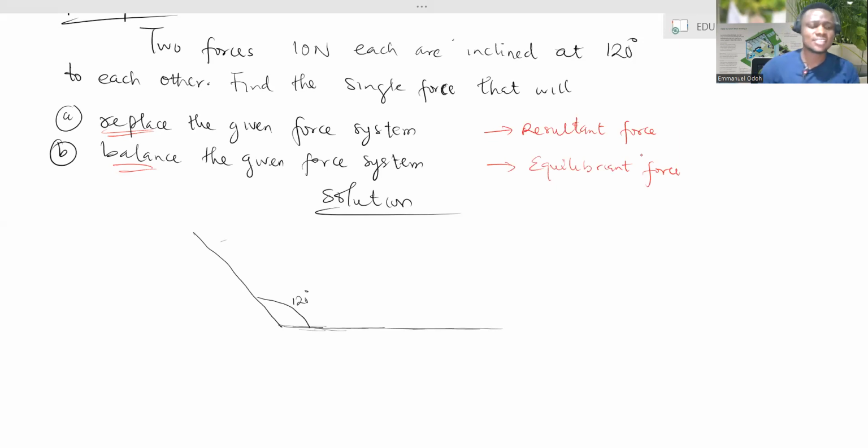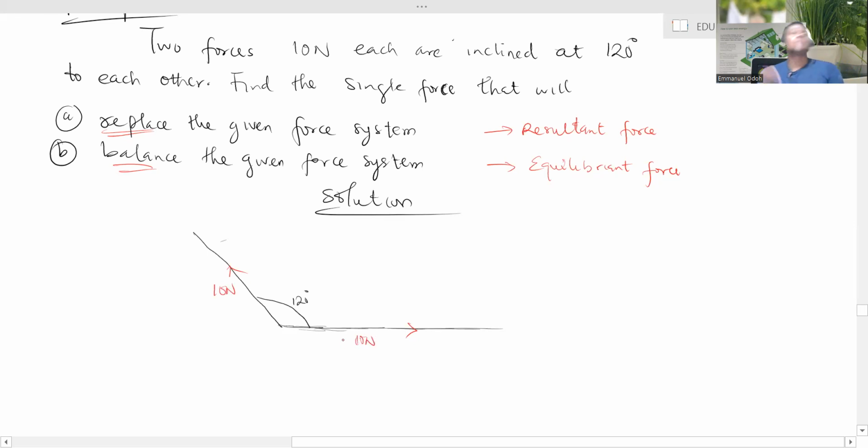The next thing is how do we get the resultant force? Remember, these forces are 10 Newton each. Remember, from the topic we did under vectors, we talked about the resultant of a system of vectors, and we said we use the parallelogram law.